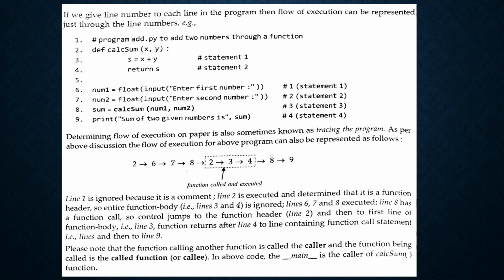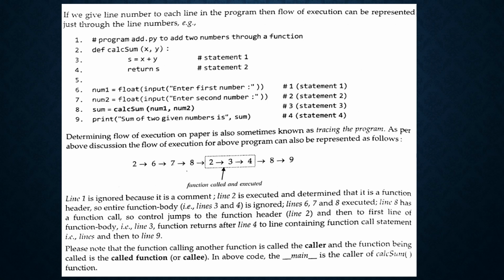If we give a line number to each line in the program, then the flow of execution can be represented just through the line numbers. One program is given, already given in the previous session, the definition of calculate sum x comma y. Execution takes place like this.